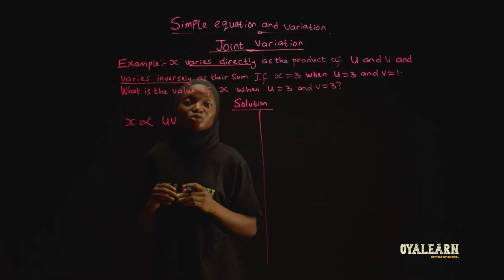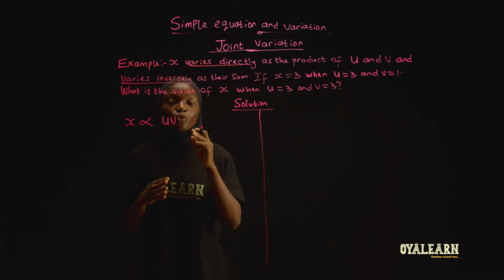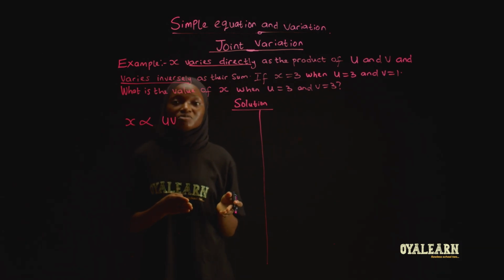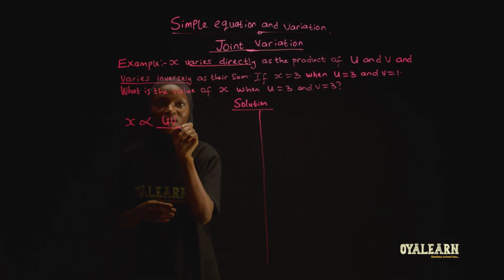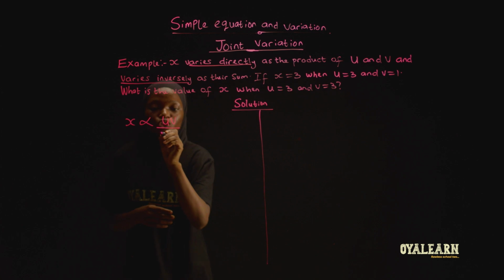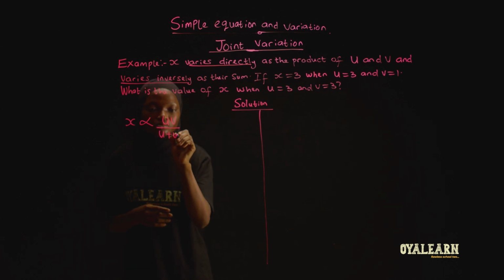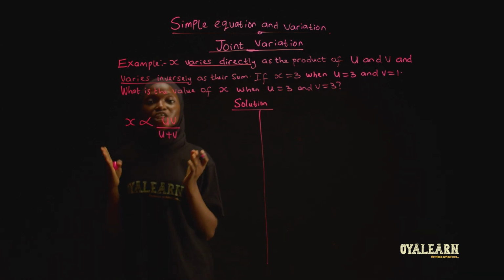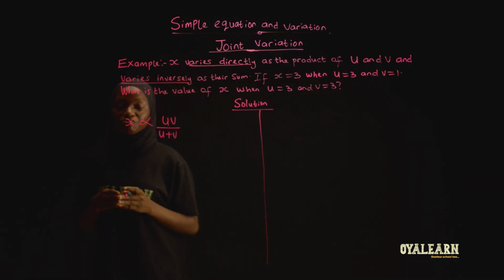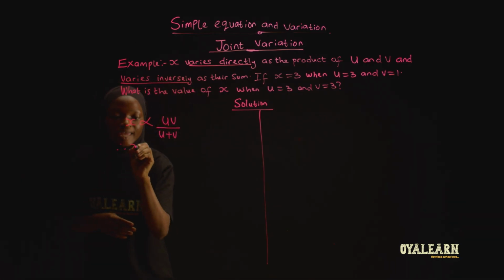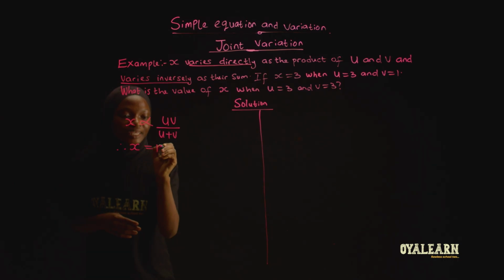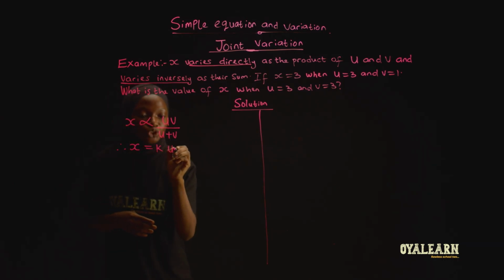Now when we are talking about inverse variation, usually it is 1 over the value it is varying to. So here we have over their sum, that is u plus v, and here we can introduce the constant of variation, that is we have x equals k uv over u plus v.